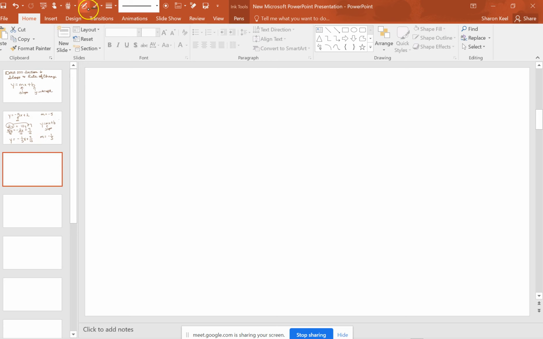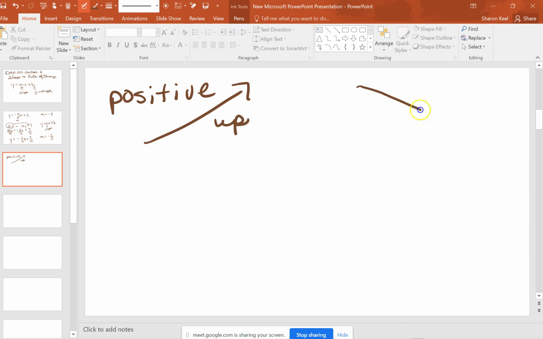Another thing that we've talked about with slope is that when you have a positive slope, it goes upward. From left to right, it goes up. If you have a negative slope, your line is going to go down.